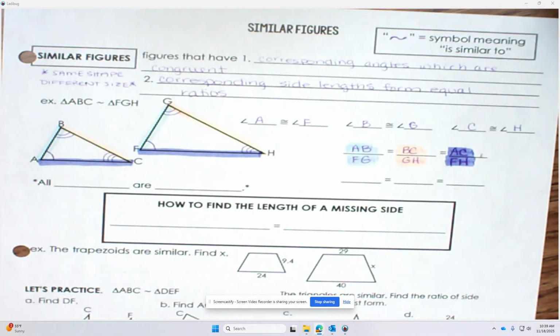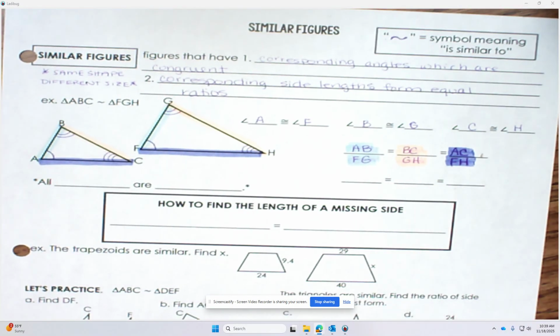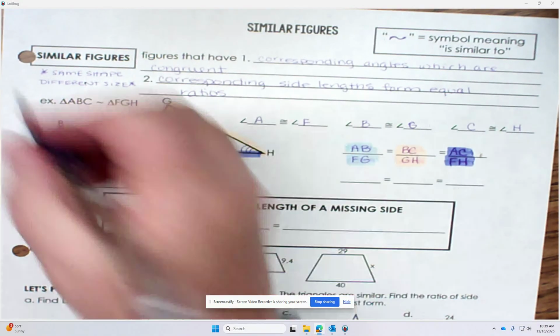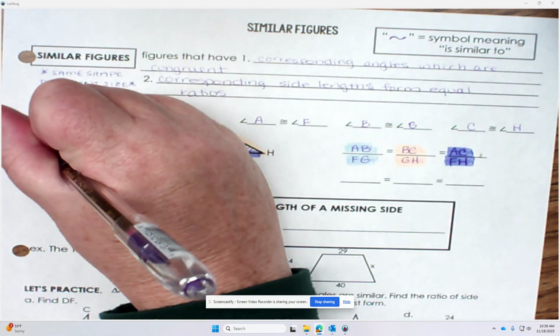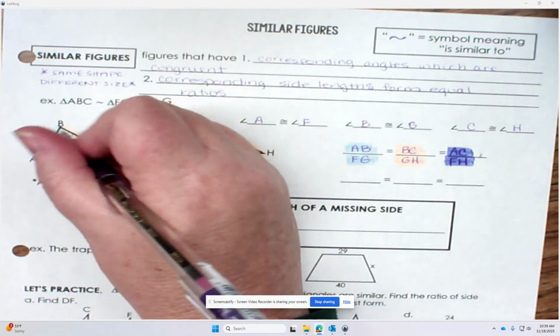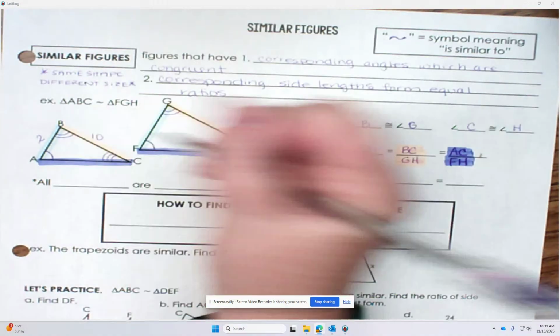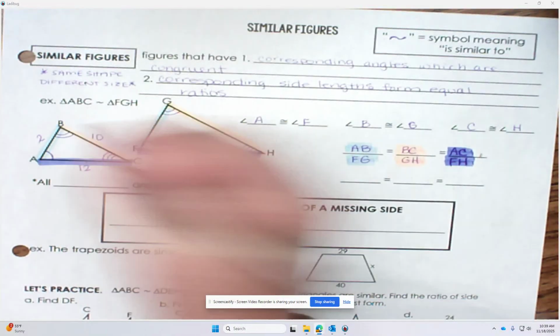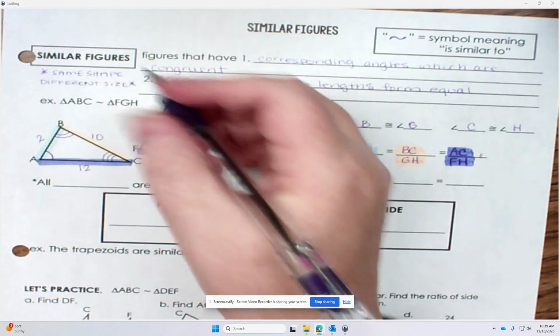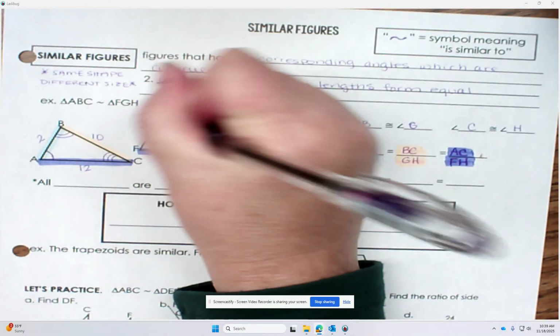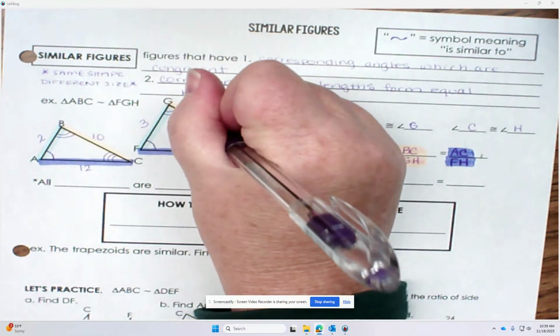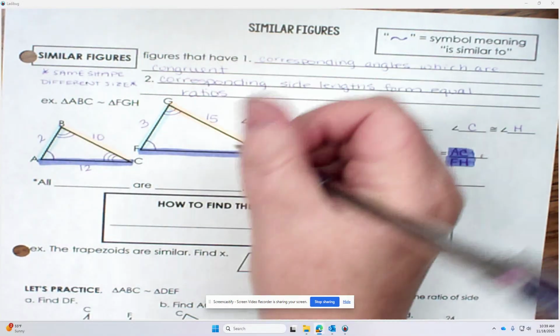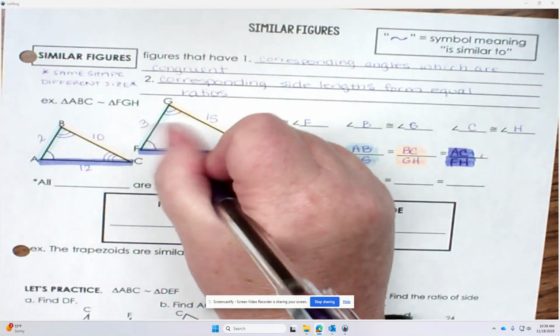Okay, now we're going to go in with some more information. I'm going to give you the measurements of these triangles. The segment AB measures 2, the segment BC measures 10, and segment AC measures 12. And over here, FG is 3, GH is 15, and FH is 18.